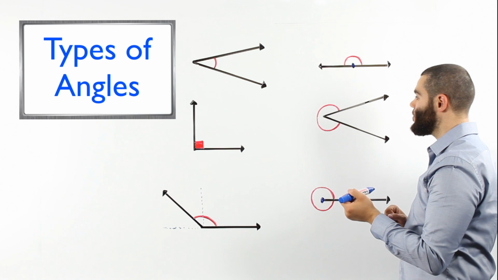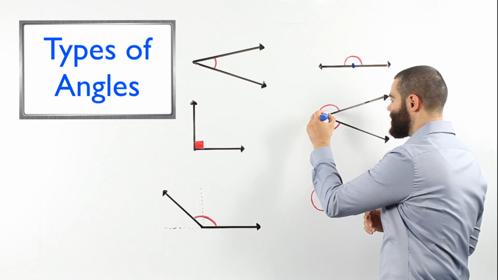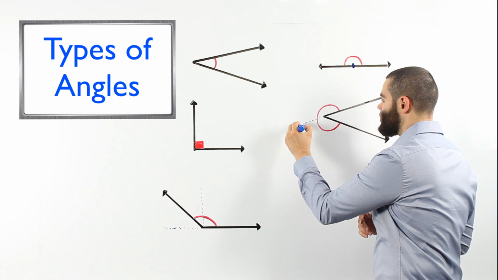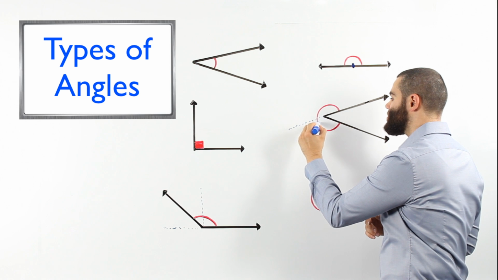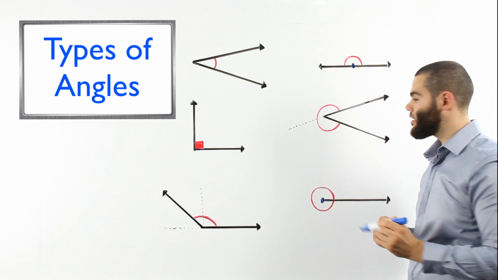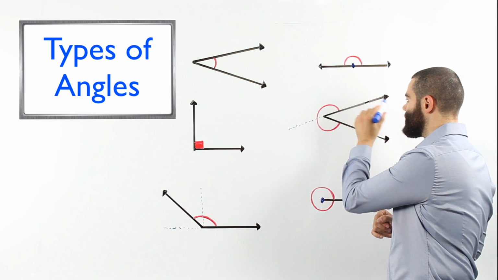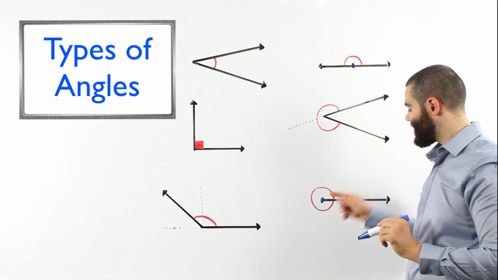Then we have the reflex. The reflex is larger than 180 degrees. This will be 180, but it turns more and it continues on, larger than 180. It can go up as close as nearly a full turn, which is what we call a revolution, which is this angle here.